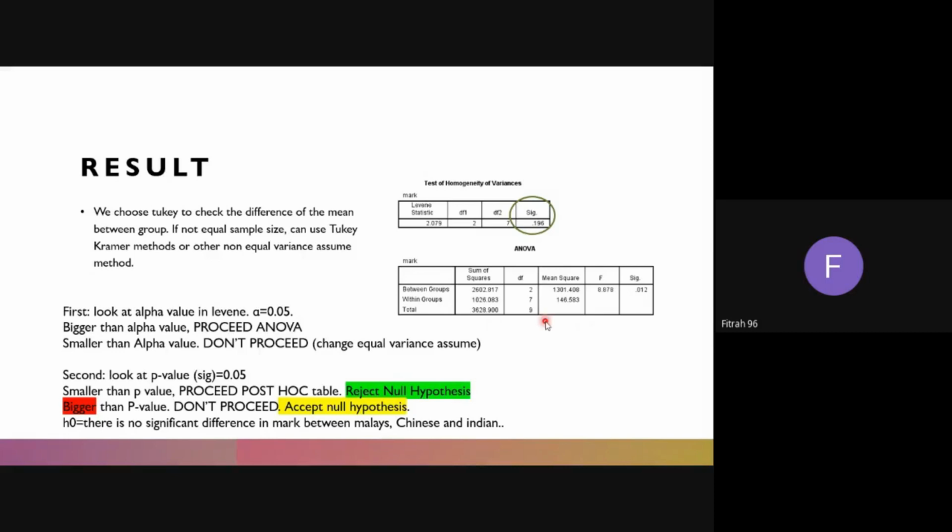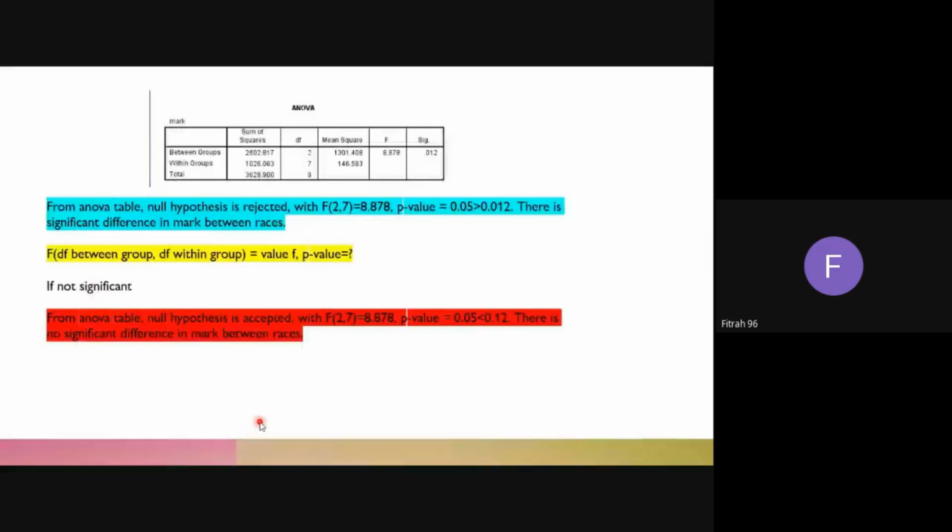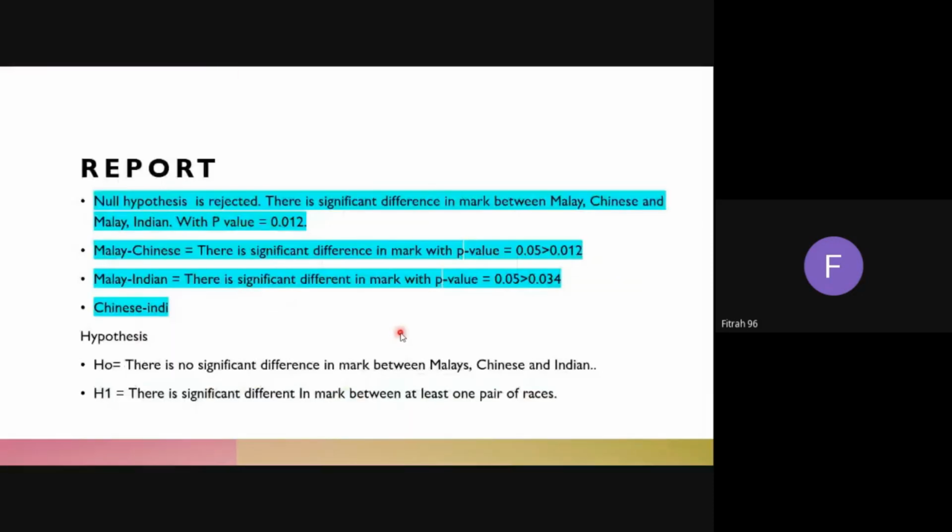The second step, look at the Sig here. 0.012. Since smaller than p-value, kita proceed to post hoc table. Kalau dia bigger than p-value, kita tak boleh proceed, kita akan stop sampai sini sahaja. So, the second one, kita akan cakap from the Anova, null hypothesis is rejected. Maksudnya there exists significant difference in mark between races. Apa kita punya H null? Okay, H null kita adalah ini.